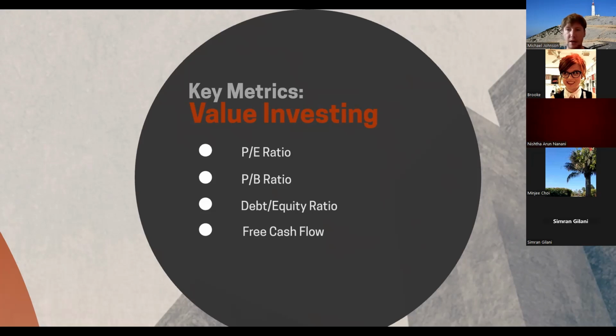So let's say you have a 40 P/E ratio. That probably means that the earnings should be growing at 40% per year to allow this P/E ratio to be high, to be 40. And a 10 P/E ratio, earnings should be growing at 10% per year. So that's really how that works.